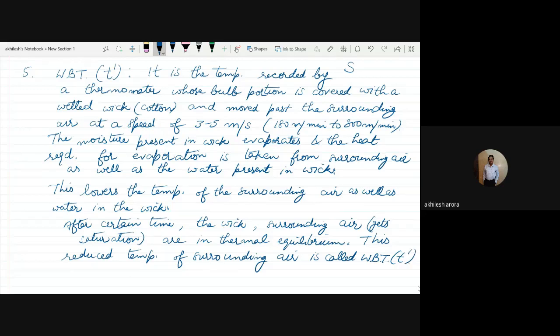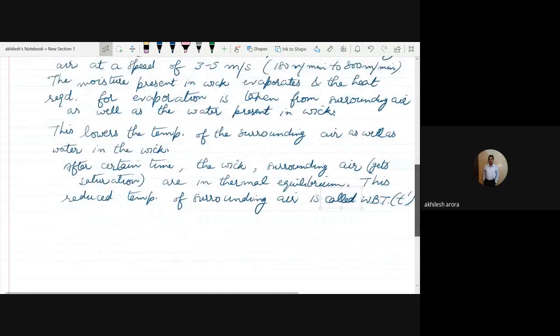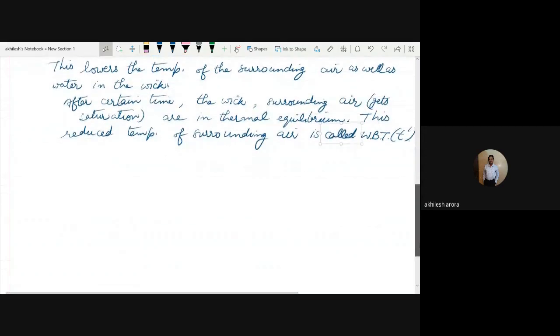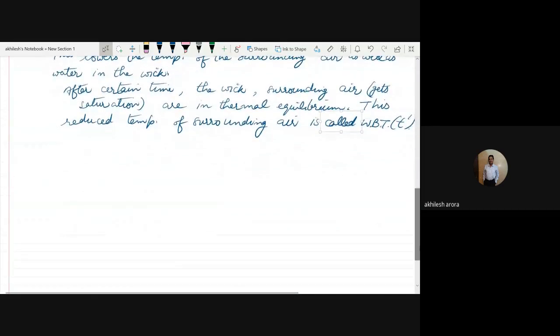Okay, this is how we define wet bulb temperature. It's a lengthy definition, so sometimes difficult to remember also, but I would like to tell you.